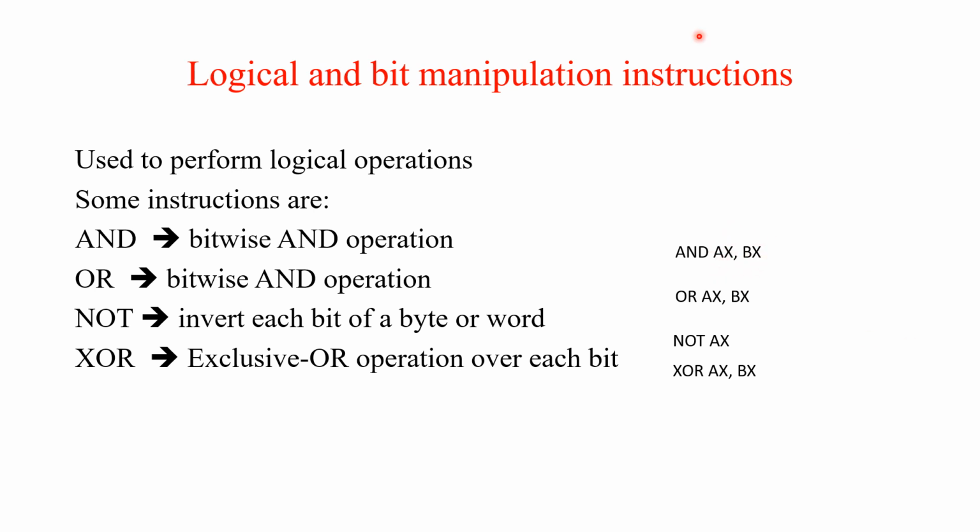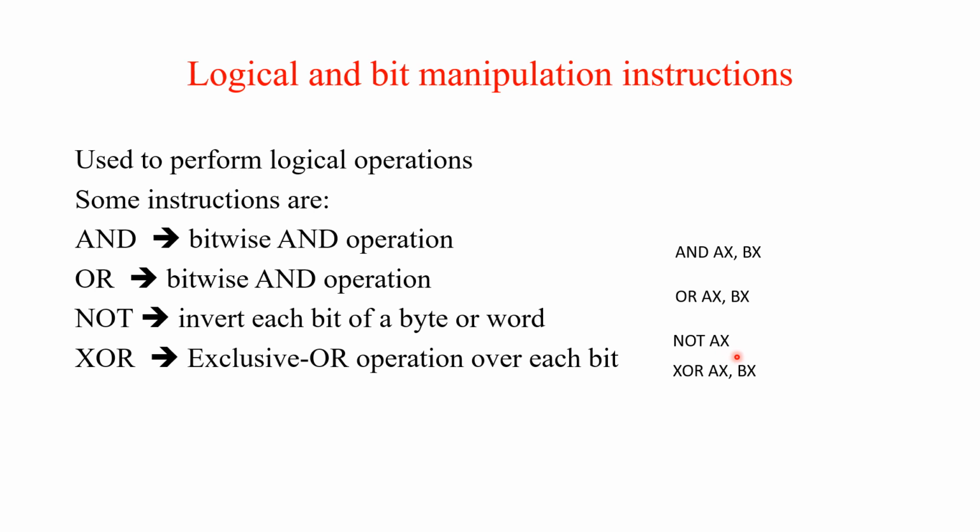The OR instruction performs a bitwise OR operation between two values. For example, OR AX, BX performs a bitwise OR between registers AX and BX, storing the result in AX. The NOT instruction inverts each bit of a byte or word.